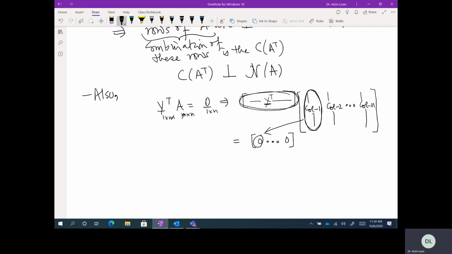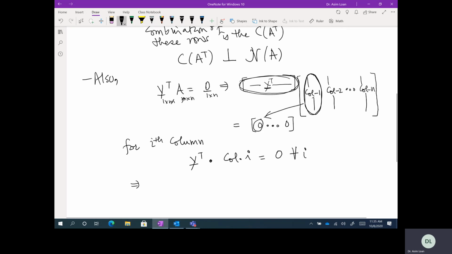So for the ith column, we have y transpose dot column i equals the ith 0 here, and this is true for all i.